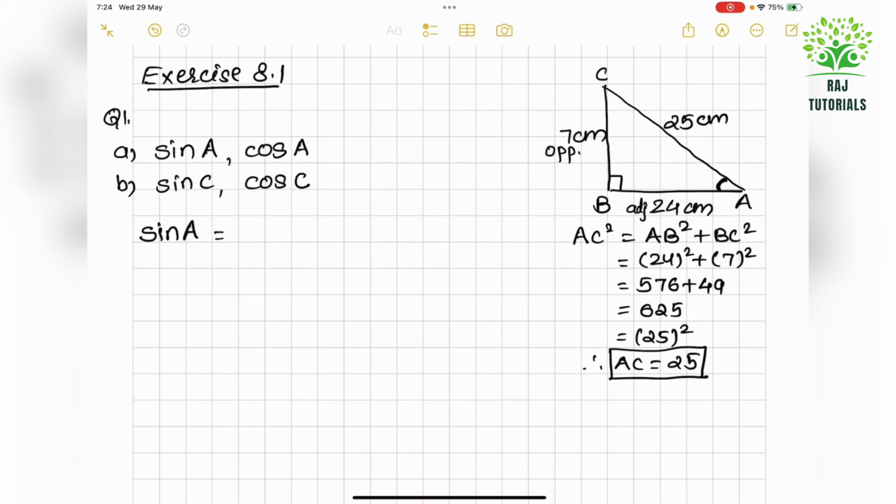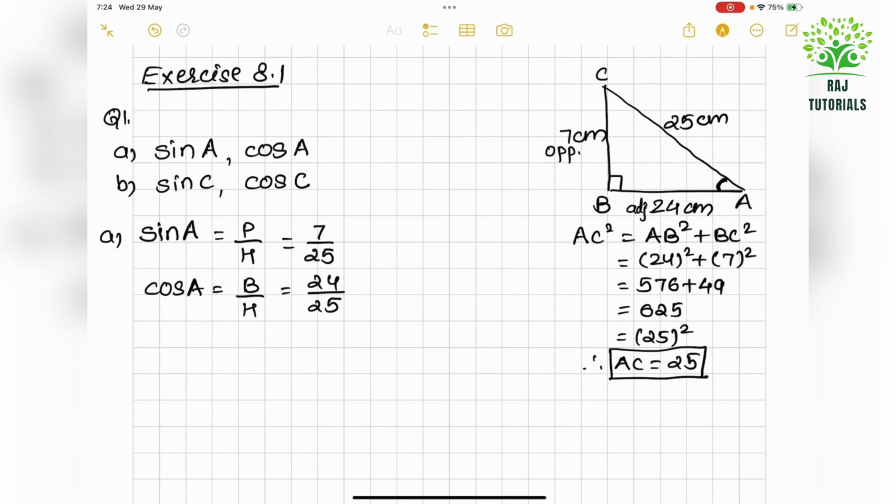So now I have to just put the values. So P by H. So P means perpendicular, so that is 7, and H means hypotenuse, that is 25. And cos A, base by hypotenuse, so that is 24 by 25.